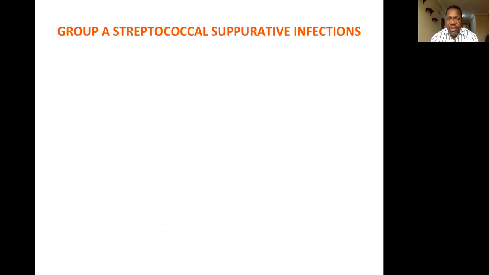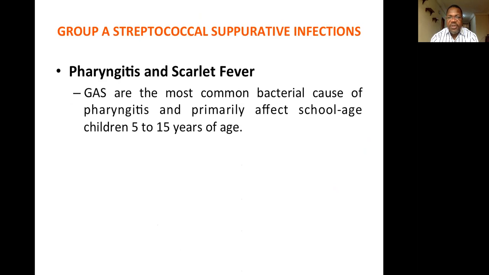So let's look at group A streptococcal suppurative infections. The first one we have is pharyngitis, and scarlet fever is associated with pharyngitis, especially with strains of streptococci that are able to cause pharyngitis. Group A streptococci are the most common bacterial cause of pharyngitis, and primarily it affects school-age children between the ages of 5 and 15 years.